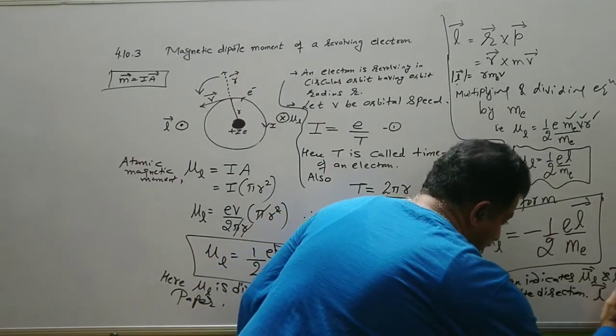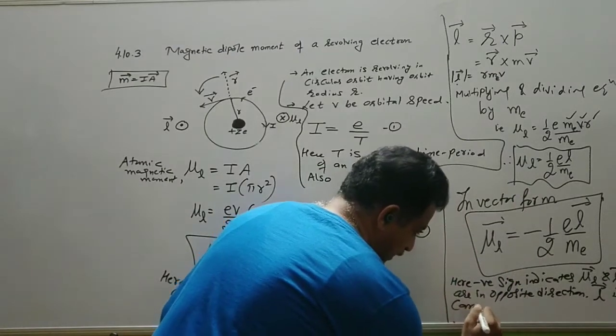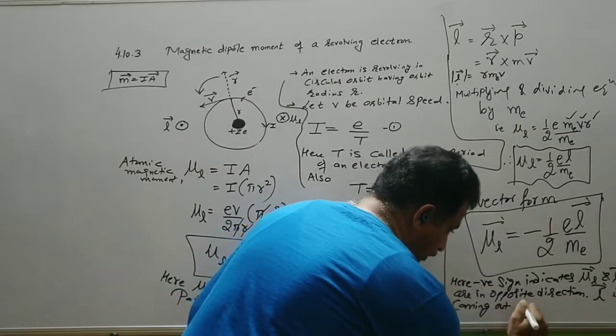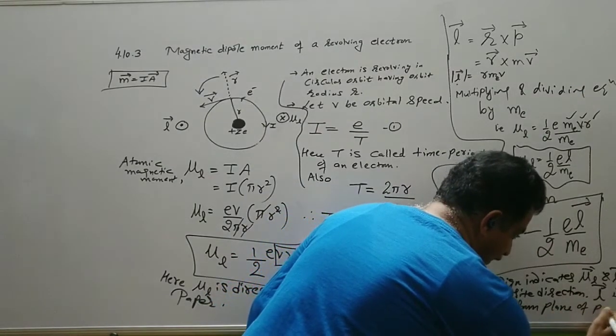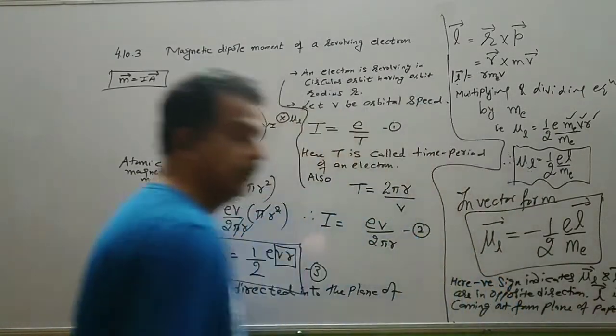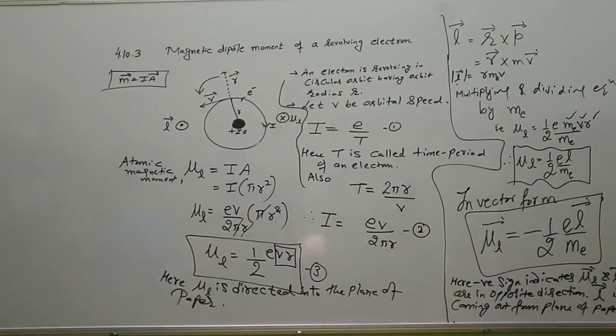L vector is coming out from the plane of paper.